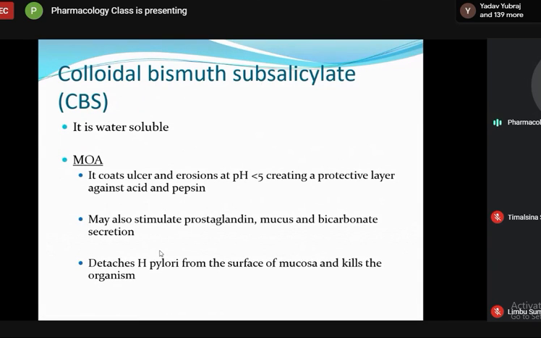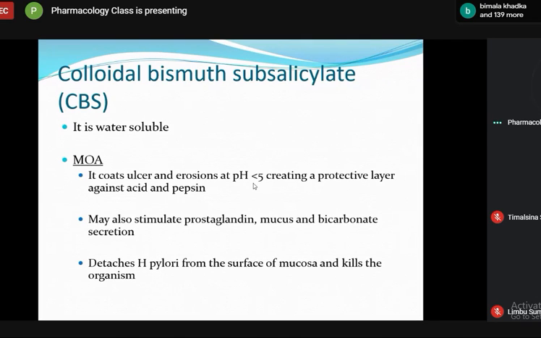Next is colloidal bismuth subsalicylate, which is also a protective agent. Here also, the colloidal bismuth coats the ulcer and erosions at pH less than 5, so that makes a protective layer against the acid and pepsin.